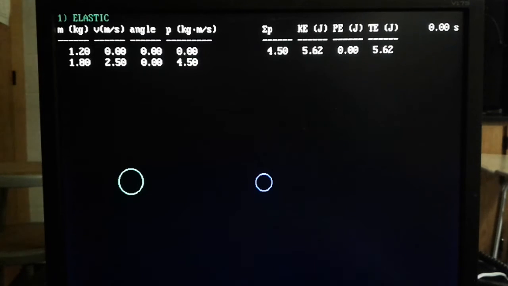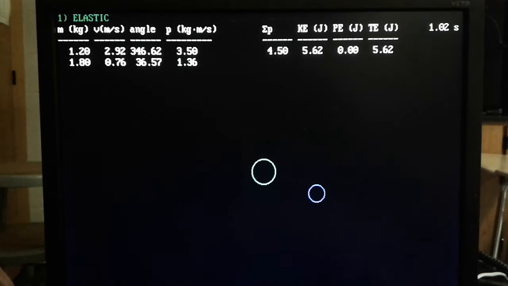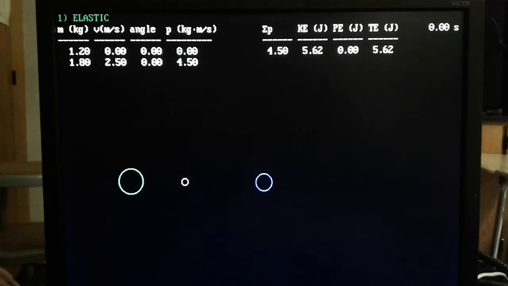In each of these examples, try to find the final velocity of one object if you can look at the data screen and find the final velocity of the other object. Let's look at the motion of the center of mass.